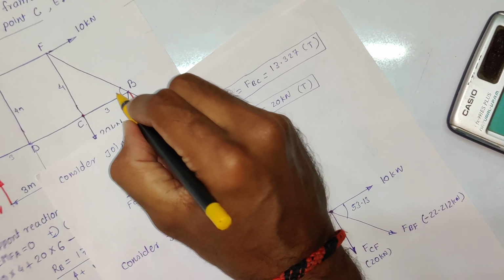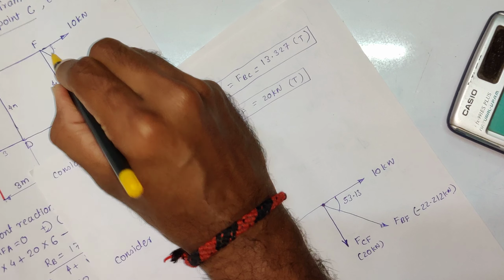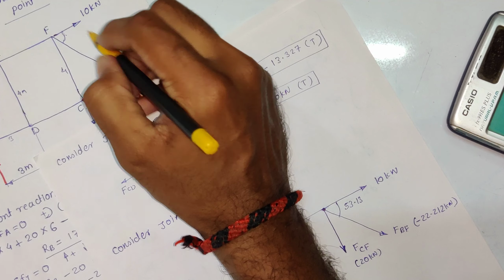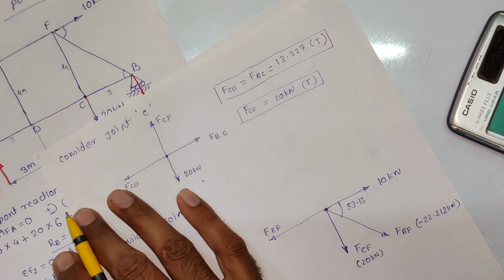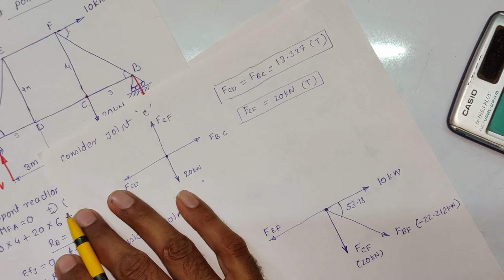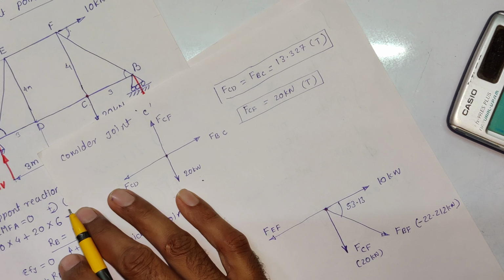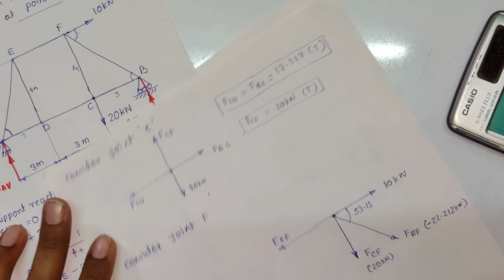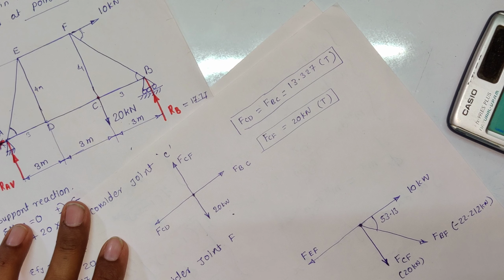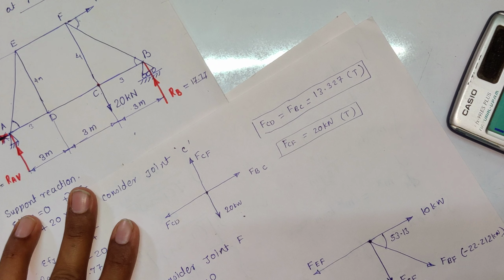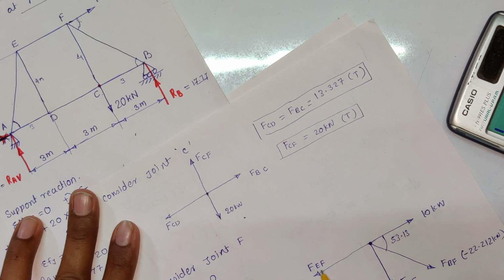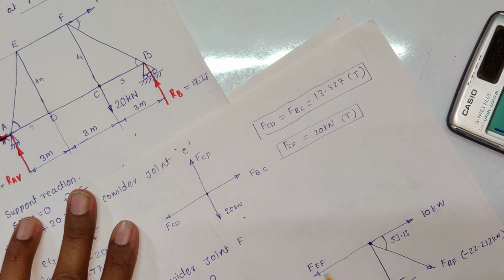Here this angle is equal to this angle, that is 53.13. So summation of Fx is equal to 0, because EF is horizontal, and that is what we have to find. So we'll resolve this.